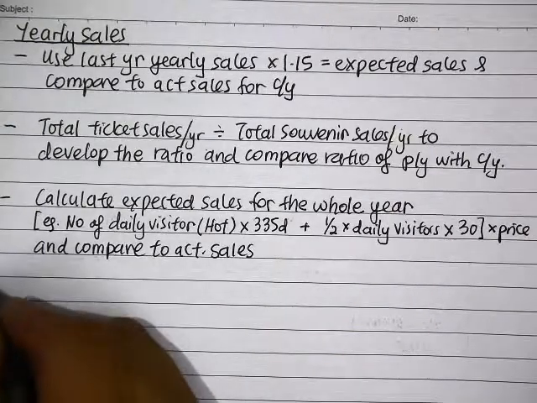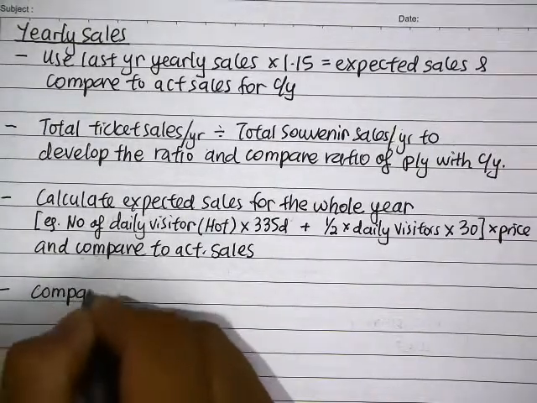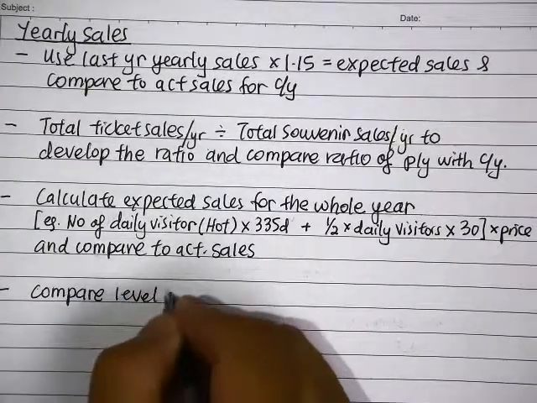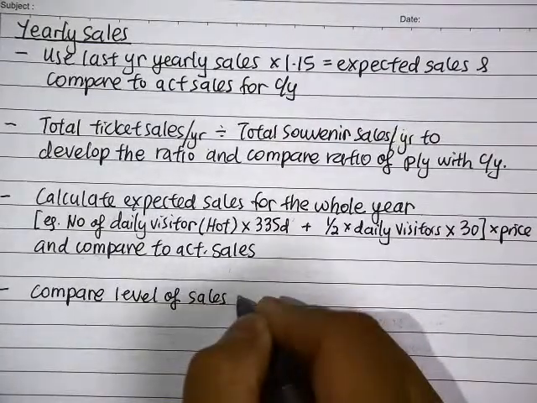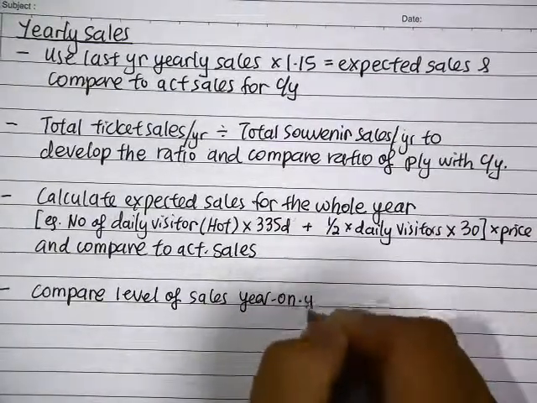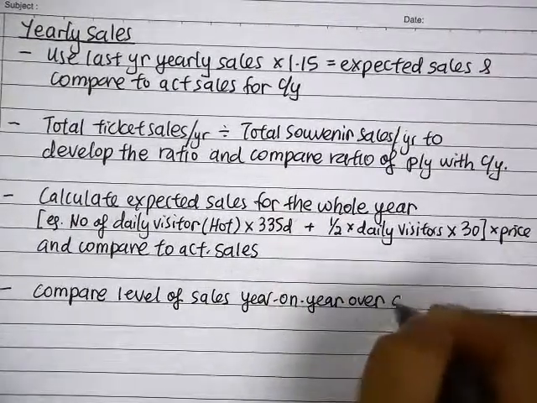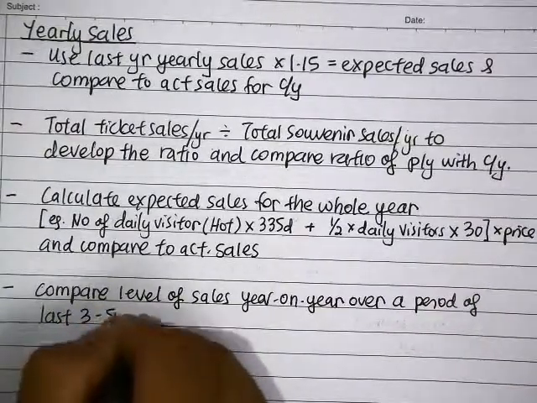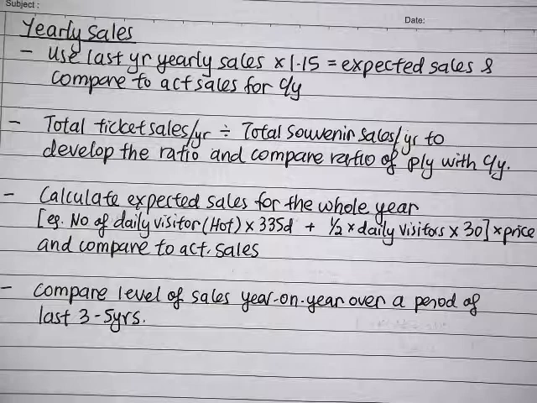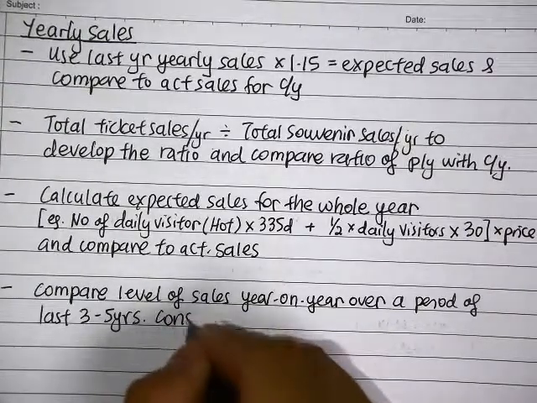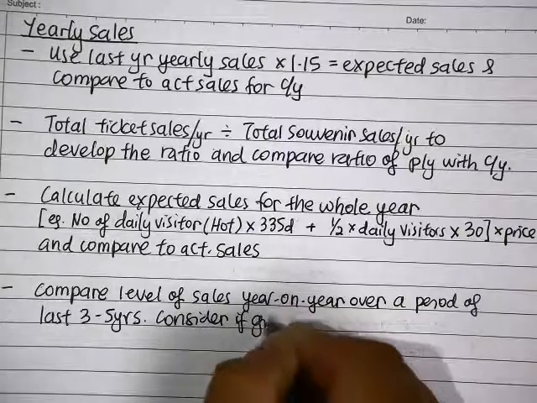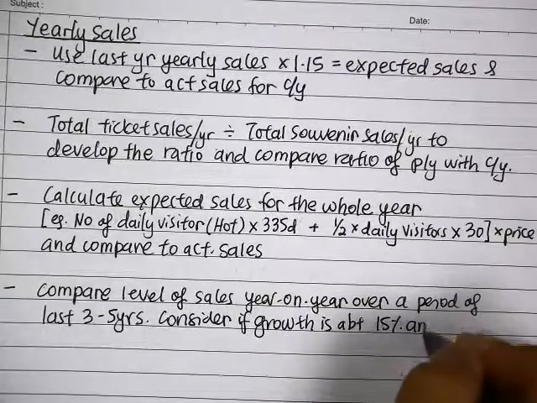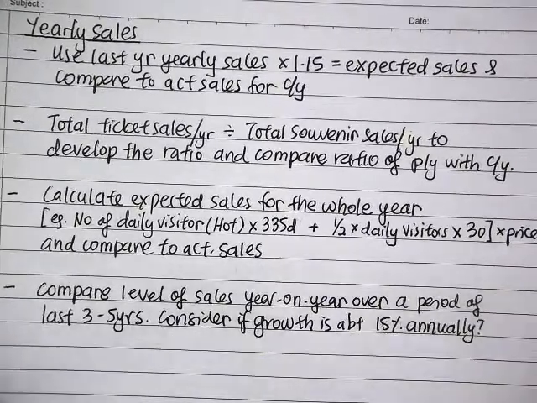All right, now we can also compare the level of sales year on year over a period of, let's say, the last 3 to 5 years, and then consider if the growth is about 15% annually.